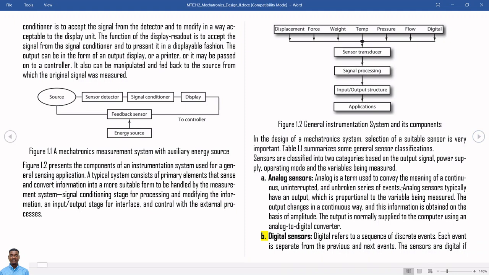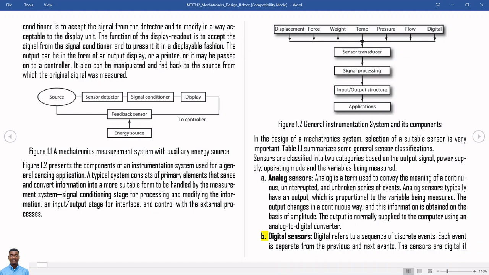So analog sensors typically have an output which is proportional to the variable being measured. If you look at your vehicle revolution dial on the instrumentation panel, you notice that the more you throttle your vehicle, the more the revolution increases. So that is an analog kind of arrangement, in that the output of your sensor, which is an analog sensor, is proportional to the variable being measured.